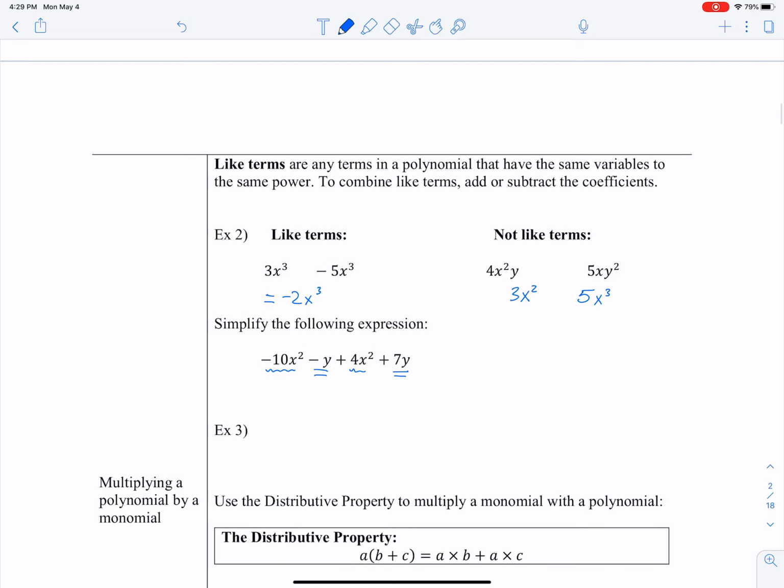So minus 10 plus 4, that's going to give us minus 6x squared. And then we have minus y and plus 7y. So that's going to give us plus 6y. And that's the final answer there. So we can only combine together the ones that had identical bases with identical exponents.